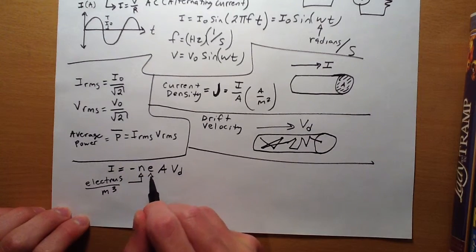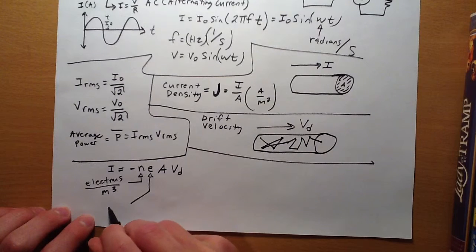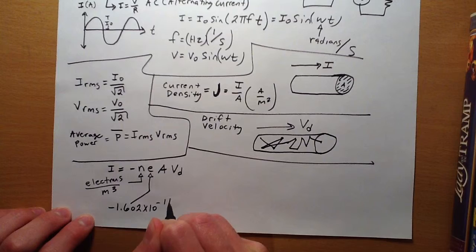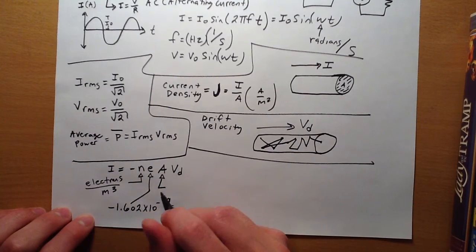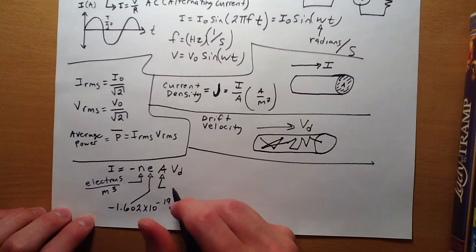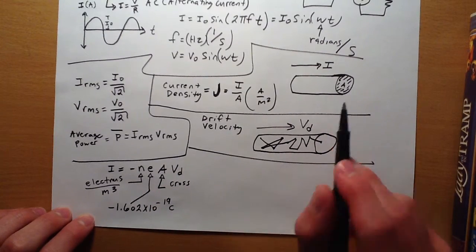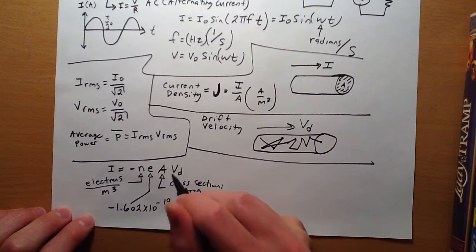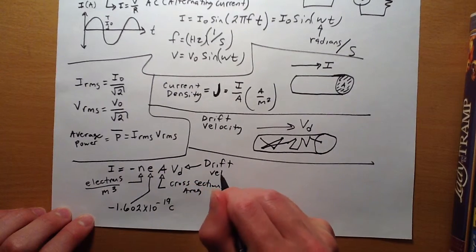E is the charge of an electron. We know that this is equal to negative 1.602 times 10 to the negative 19 coulomb. A is equal to the cross-sectional area of the wire, which is like this right here. It's the area. And VD is the drift velocity.